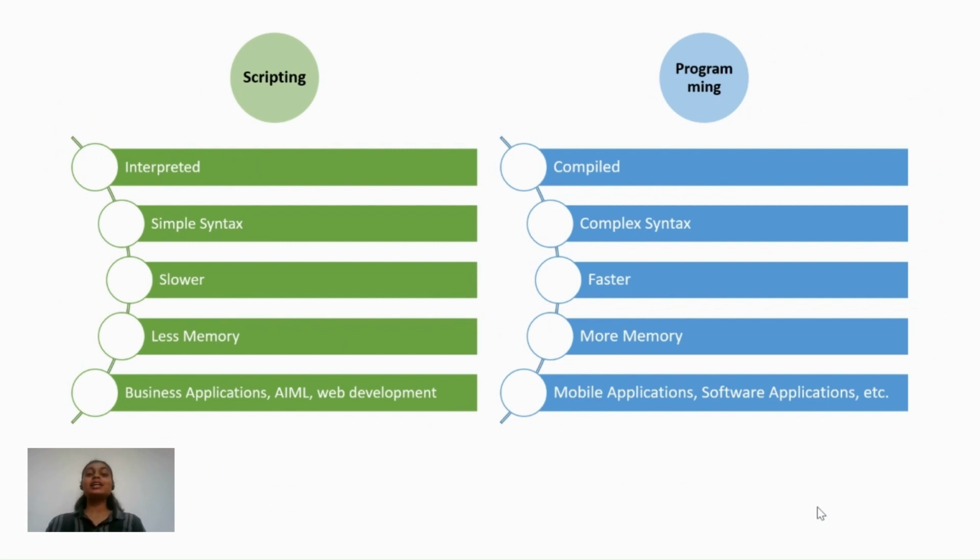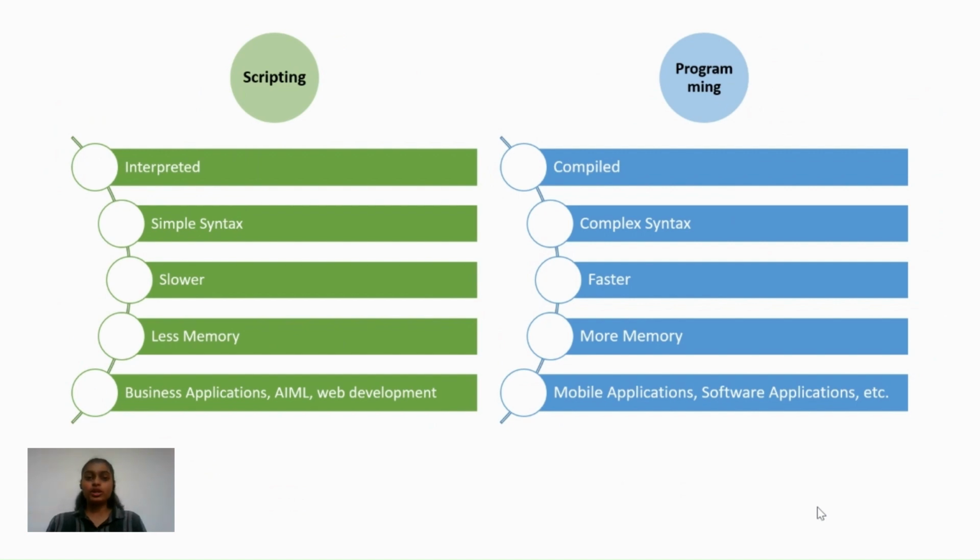It takes extra time to convert every line of code. In programming languages, the execution speed is very fast because here we are converting all the lines of code at a time into machine code. So the execution speed is very fast. But the space which the scripting language takes is very less because at a time we are converting only one line of code.